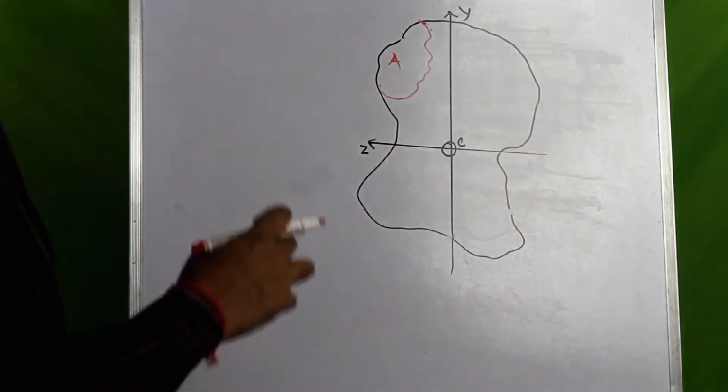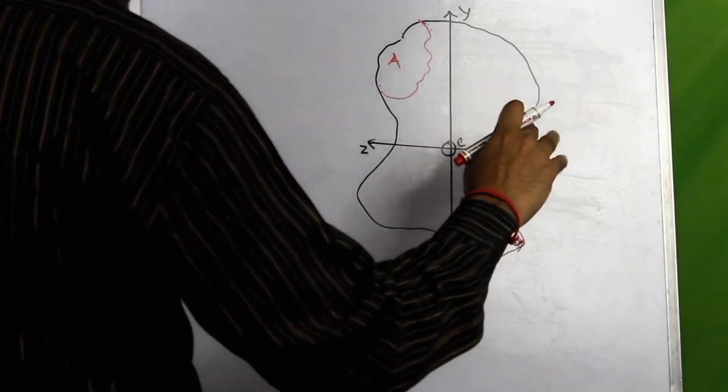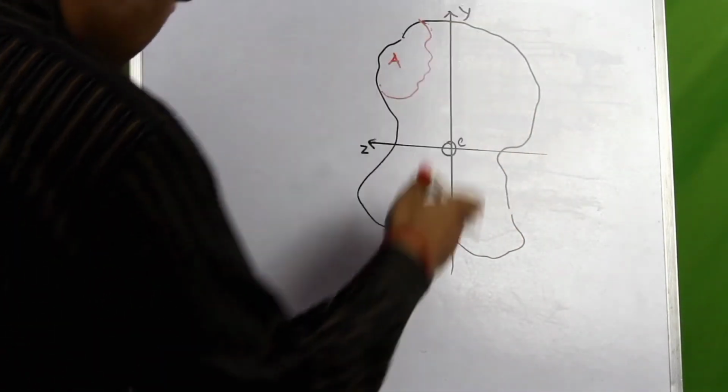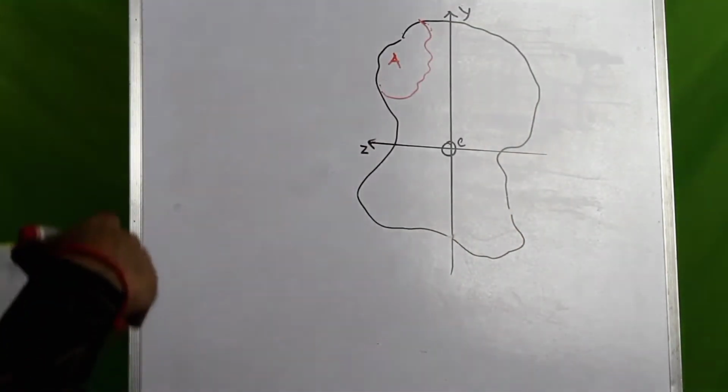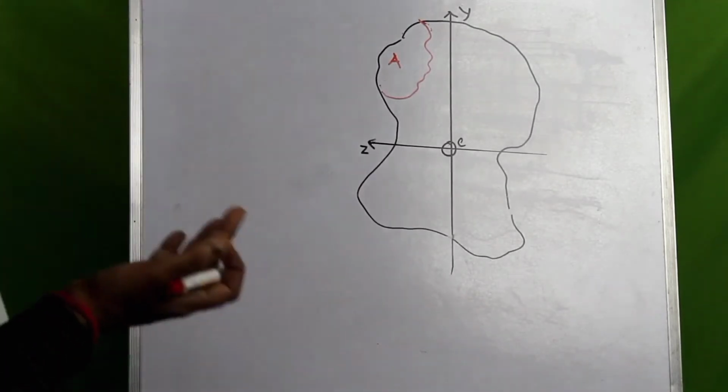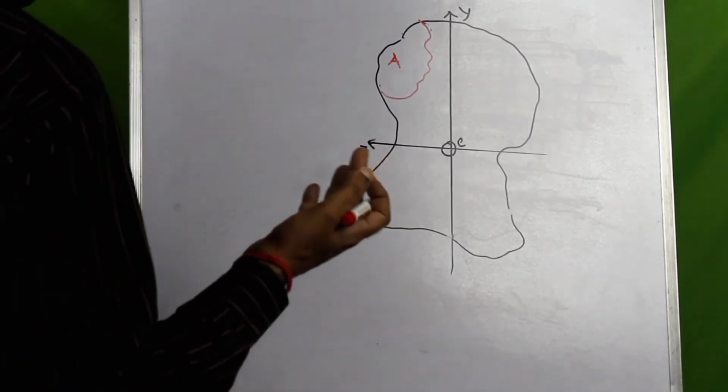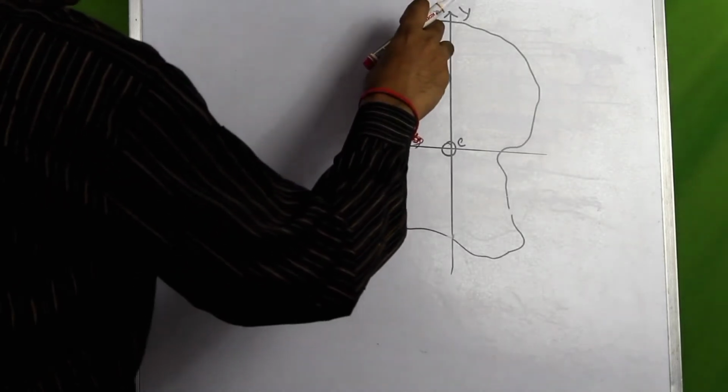We have a horizontal centroidal axis and a vertical centroidal axis, and we want the moment of inertia contribution from this particular area about each of them.